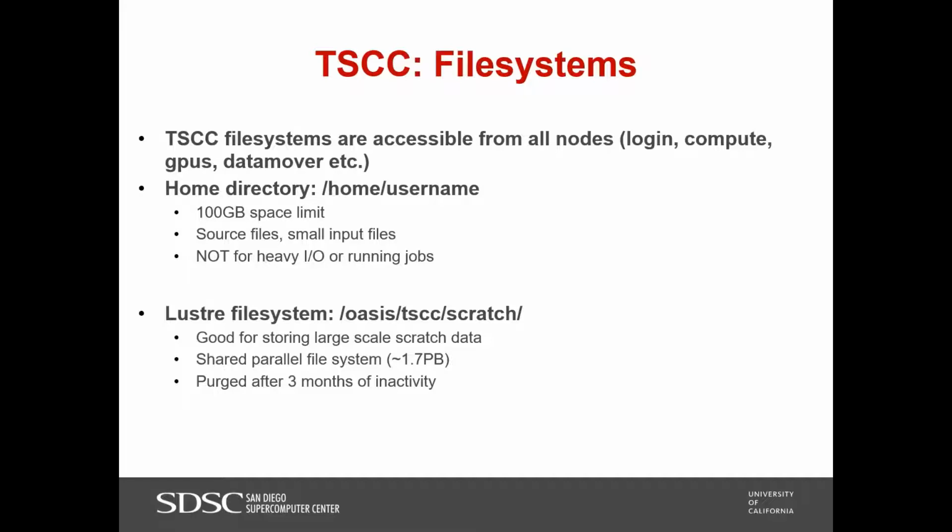Every TSCC user will have a home directory, which is /home/your username, and it has a 100 GB space limit, and it's used for saving your source files and small input files. Sometimes you can put some software there, but that's not for heavy IO or for running jobs.